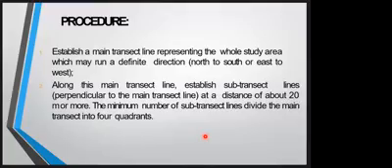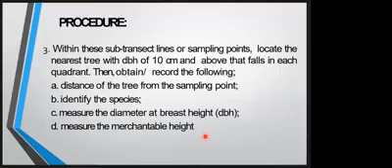The minimum number of sub-transect lines divide the main transect into 4 quadrats. So, aside from that, no, we have here, within these sub-transect lines or sampling points, locate the nearest tree with DBH of 10 cm and above that falls in each quadrat.